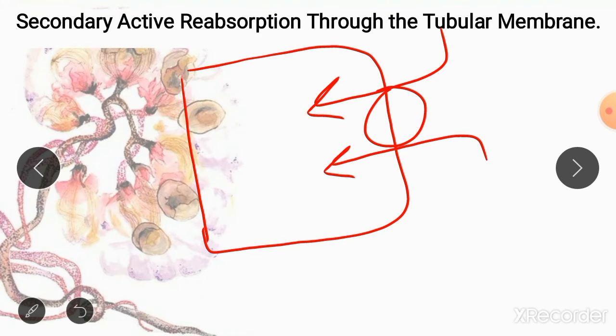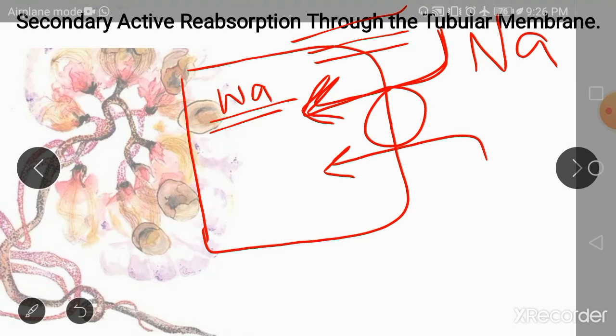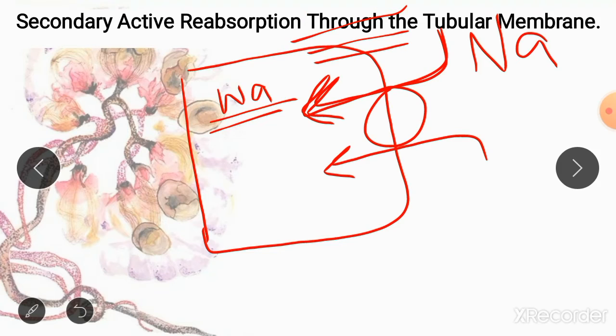So suppose we have sodium which is present in greater quantities within your lumen, but sodium in your cell is very little in concentration, so the sodium is going to move from the lumen into the cell. This gradient is so huge that a sodium can also take some other substance along with it against its concentration gradient.